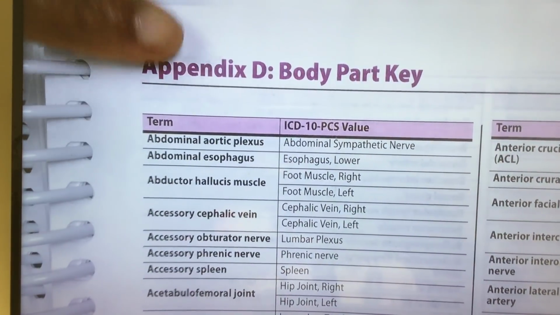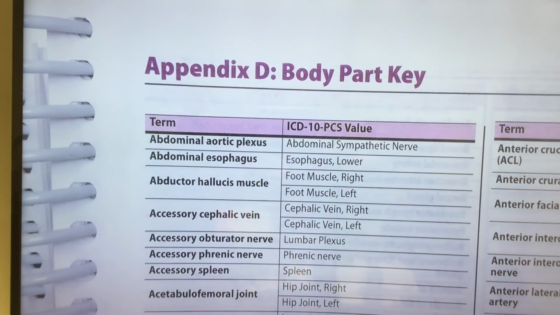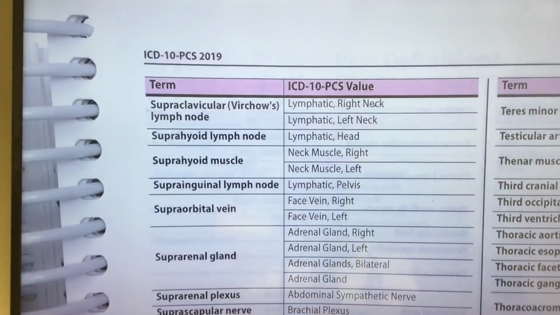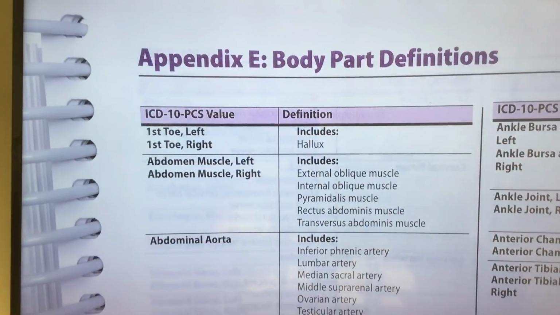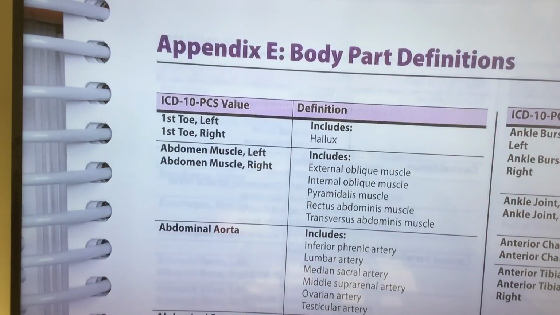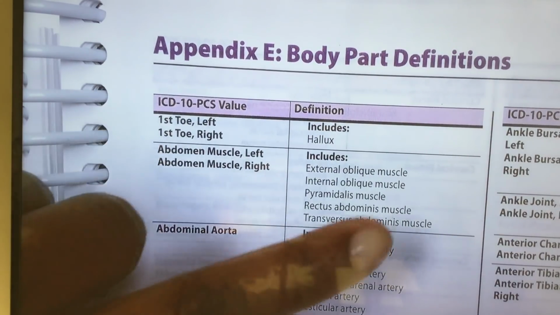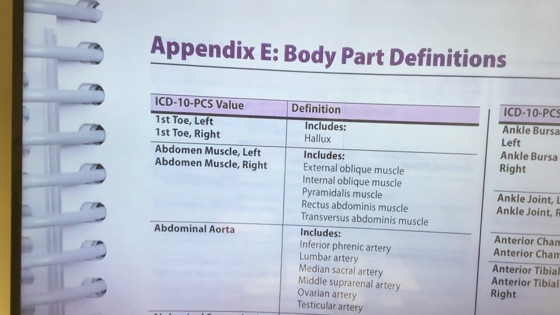This body part key here is going to be very important because you will see how PCS defines the body part, and how PCS defines the body part is what you must follow when you're using this manual. Okay, after that, we're going to go to Appendix E, body part definitions, like here. The first toe, left and right, includes the hallux.